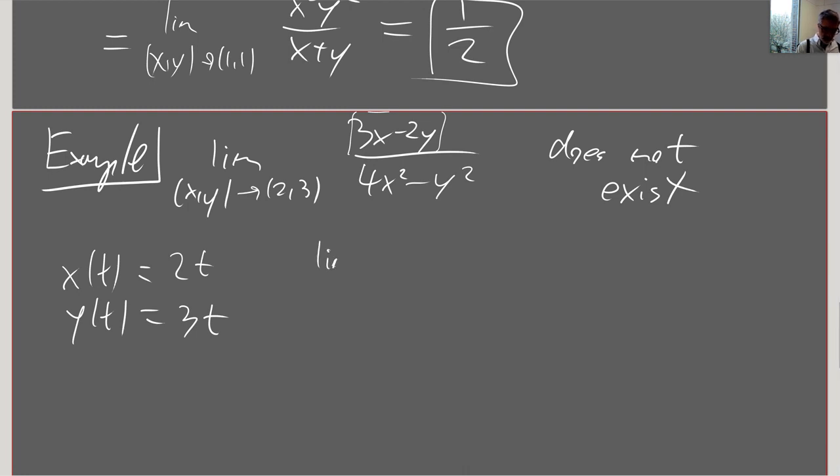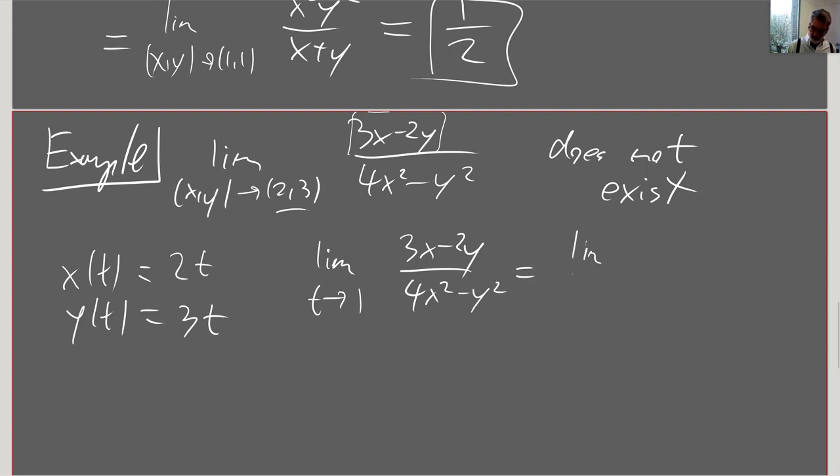And then we want to compute the limit as t goes to 1, to get the point 2, 3, of this function with this parameterization. So 3x minus 2y over 4x squared minus y squared.